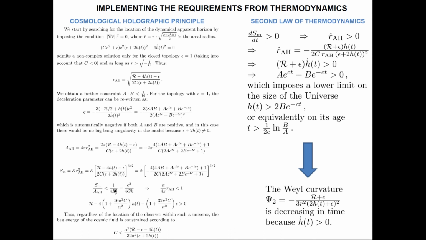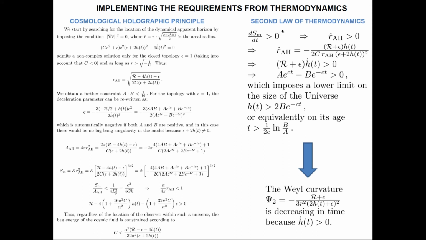And you can see that in the case of a black hole, you will get the Hawking-Bekenstein entropy. So this is why we have a factor 1/4 here. We work out some appropriate algebra, and again we get another constraint on the value of C.